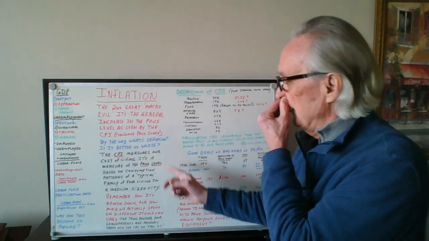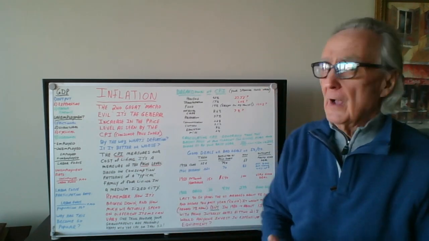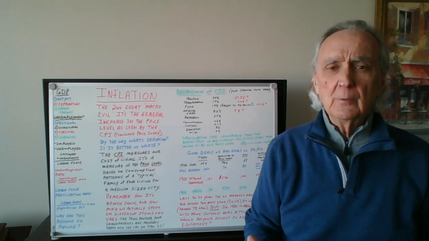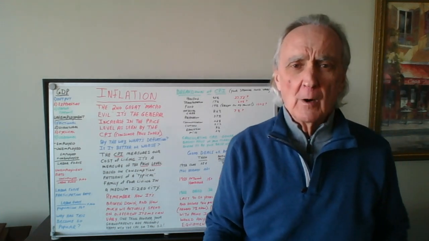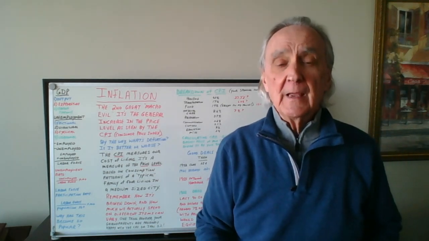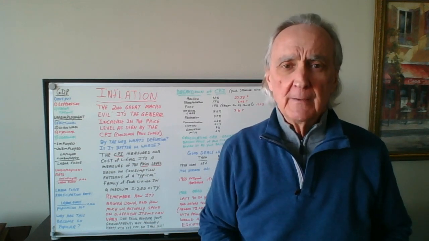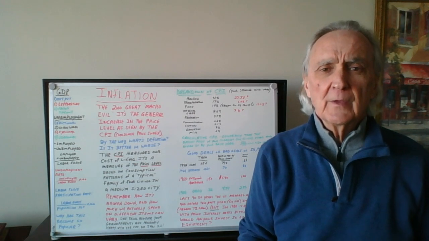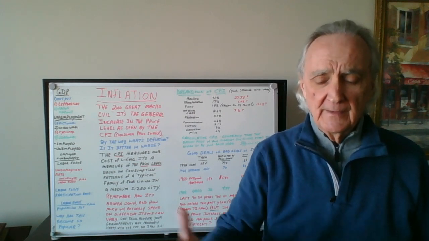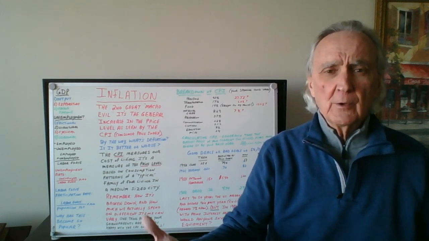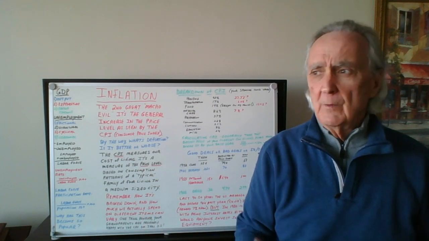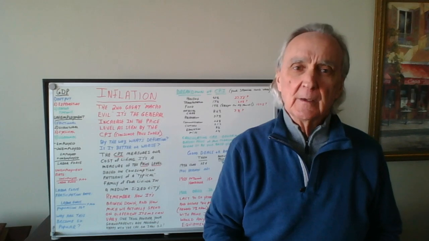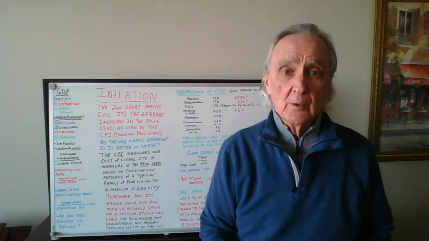Okay, getting back to CPI, it is the cost of living. What they do is they take a typical, they call it a typical family of four living in a medium-sized city. Basically, what do they buy in a year? What do they spend their money on? And they have what they call a market basket of goods and services that a typical family of four living in a medium-sized city would buy.